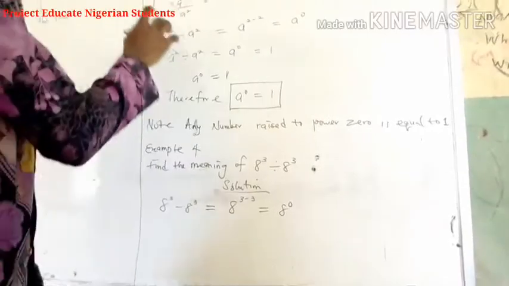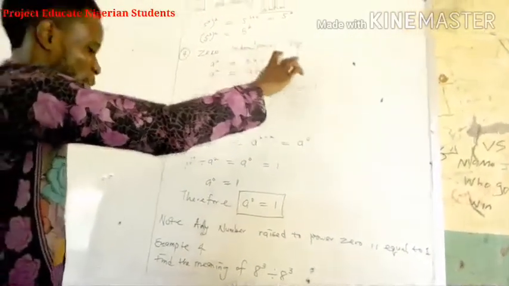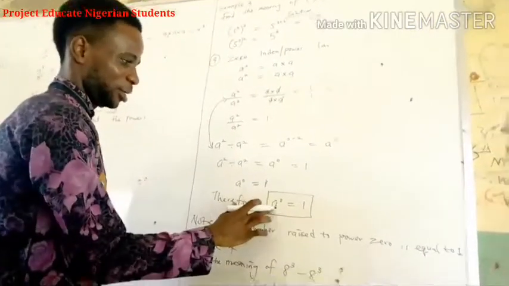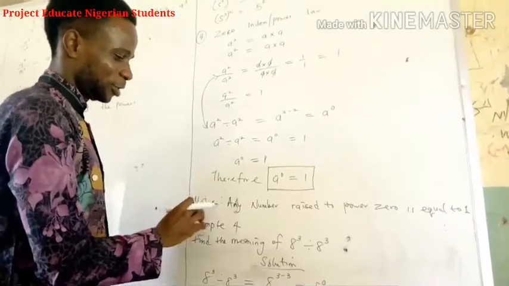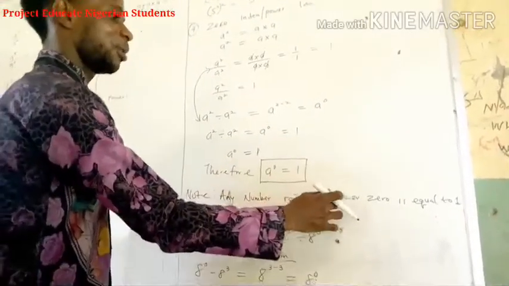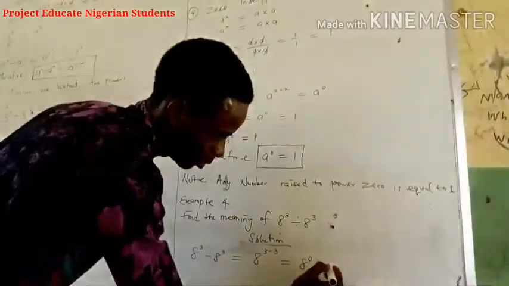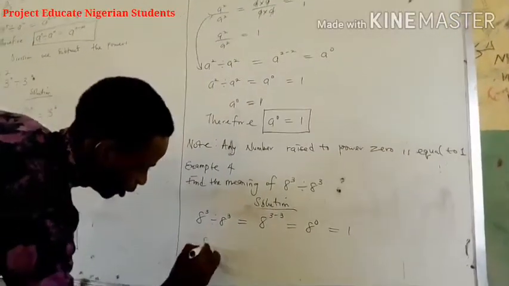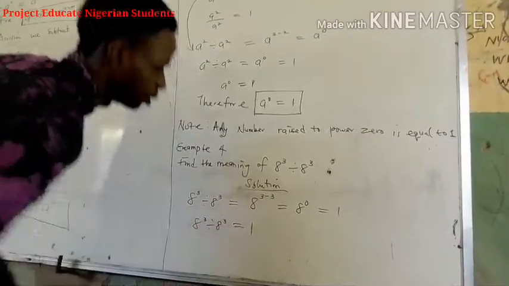So this law says 0 index law. Okay? And here it says a raised to power 0 equals 1. And here we give a note saying any number raised to power 0 equals to 1. So here we have 8 raised to power 0. So this is equal to what? 1. So we can say 8 raised to power 3 divided by 8 raised to power 3 equals 1.